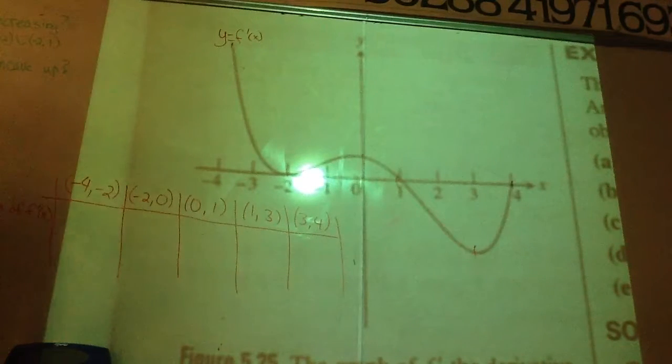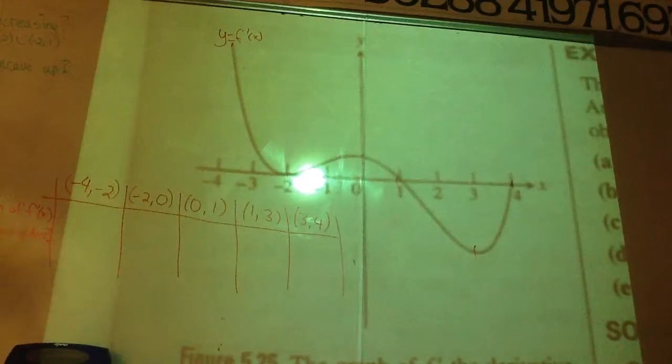And then, is the derivative increasing or decreasing? Because these two things are going to help us determine everything else. So let's go through and fill it in.